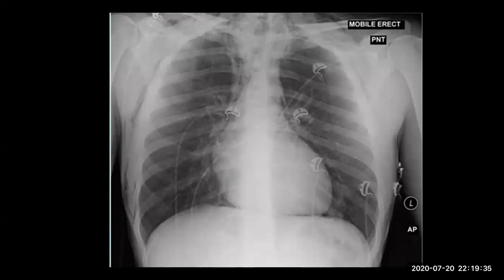Pneumoperitoneum can give the continuous diaphragm sign, and pneumomediastinum can also give it. Pneumopericardium can give it too, but it will not extend laterally too much. It only extends around the pericardial cavity, to a certain limit.